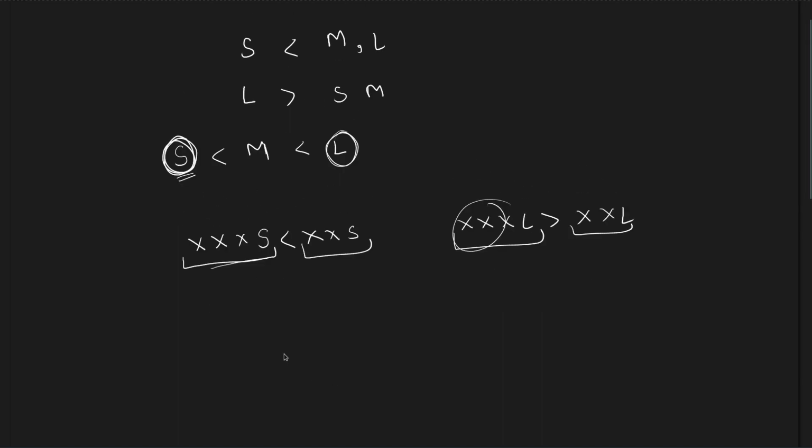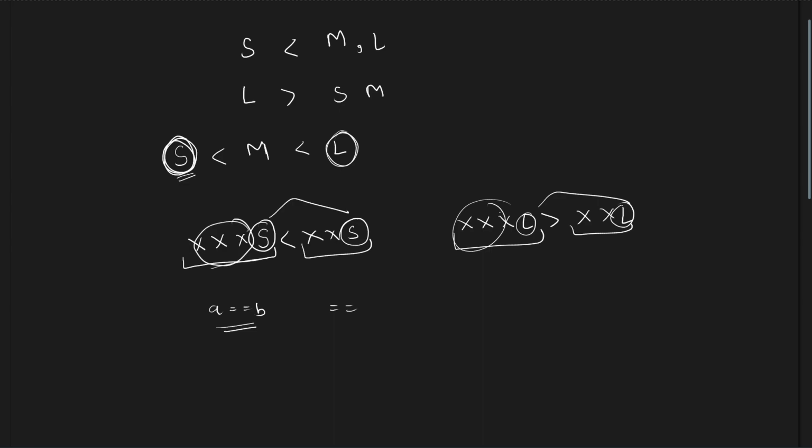So we'll just have to consider a few cases. This question is just casework. If the given strings are equal, then both of the sizes would definitely be equal. Now if the first string and the second string both have the same last character, if both have S or both have L, then we have to treat it as a single case. If they both have S, then the more X, the smaller it is.